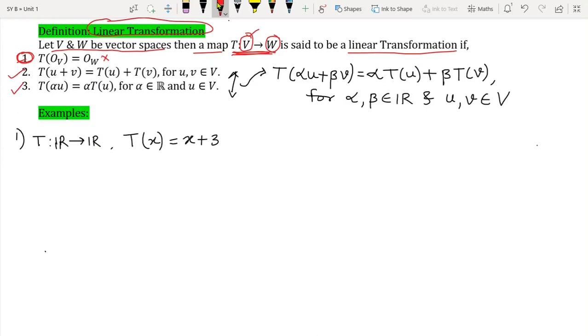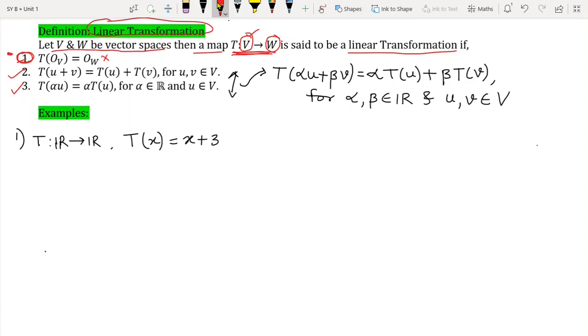Means given a function, we will check this first condition. If this first condition is true, means if 0 is mapped to 0, then we will go for what? Second and third condition. If 0 is not mapped to 0, then we can say that T is not a linear transformation.